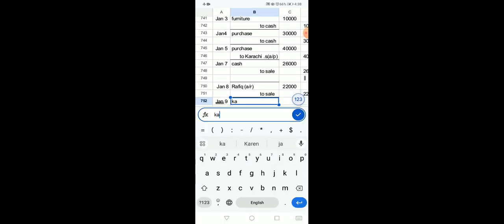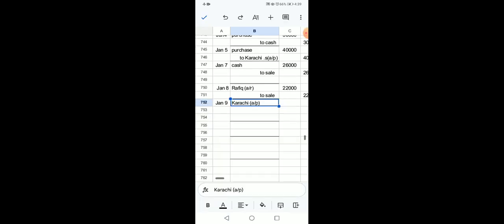So name of Karachi you are supposed to write on debit side, though they were your account payable. And account payables were supposed to be mentioned on credit side as a liability. But since your liability has been paid out, it's no more your liability. So that is why your liability is on debit side.